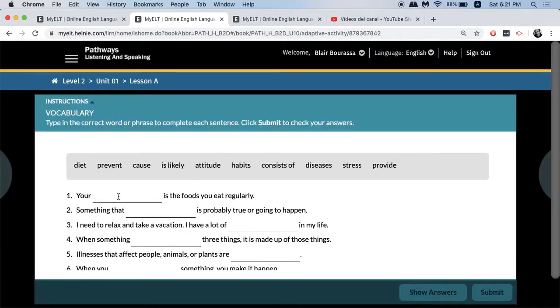And then there's the one where you actually type in. What happens if you type in a typo mistake like that? It's considered incorrect. Okay. So, like I said, you've got the ones you type in, you've got the drag and drop vocabulary ones, and you've got the multiple choice vocabulary ones. Those are the 3 kinds that I've seen so far.